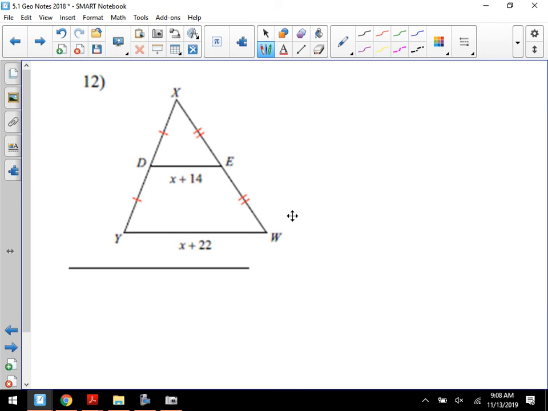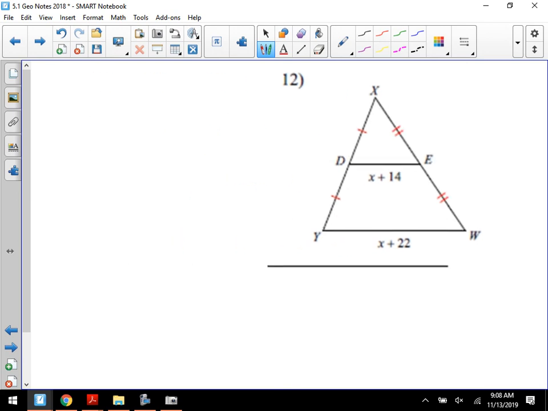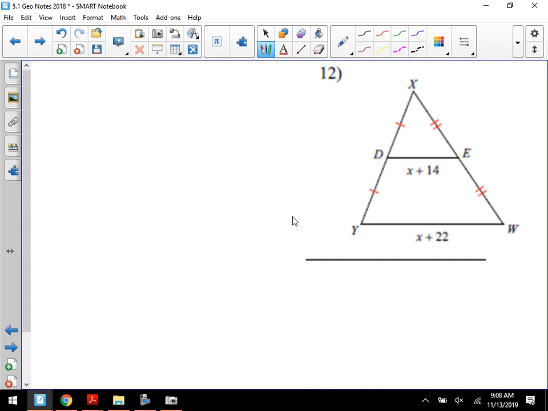Just to make sure we're on the right page on 12. Remember, every one of these is kind of the same. Usually the easiest thing to do is to double the mid-segment to equal the side it does not touch.